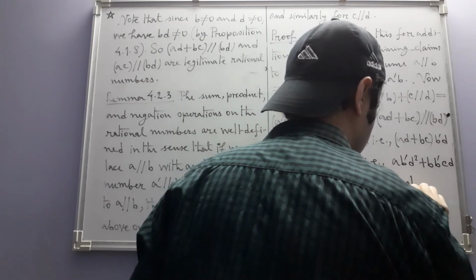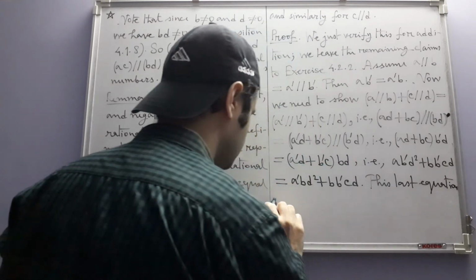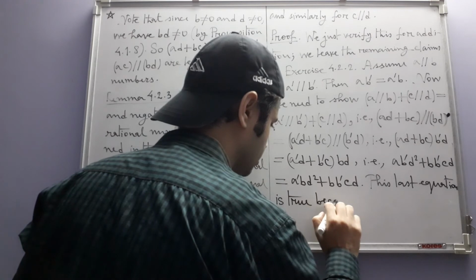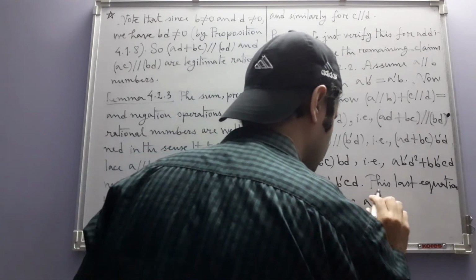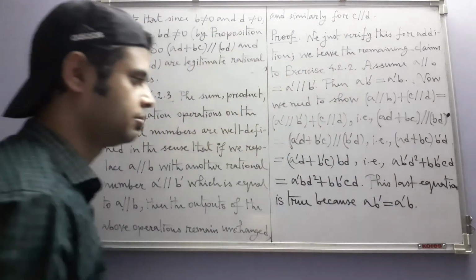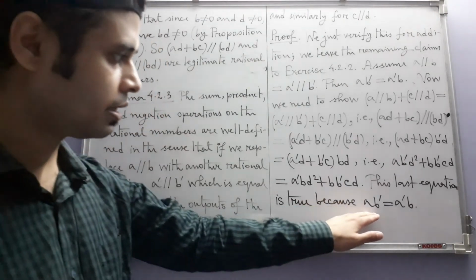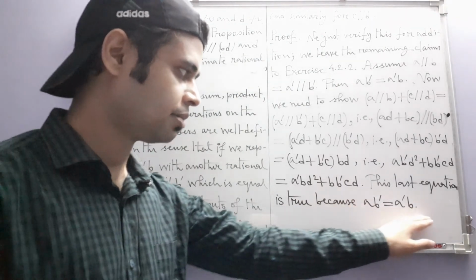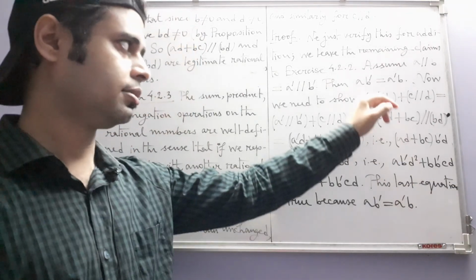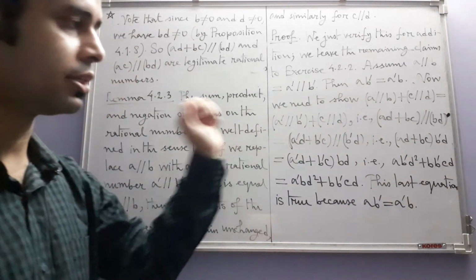This last equation is true because A B prime is equal to A prime B. So this is what we needed, and this is true. So now you can do the back calculation. You can multiply both sides by D square, add this integer on both sides, and you follow the argument in the other direction, you will get what you want.